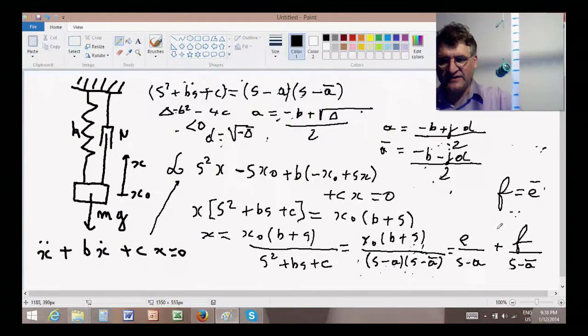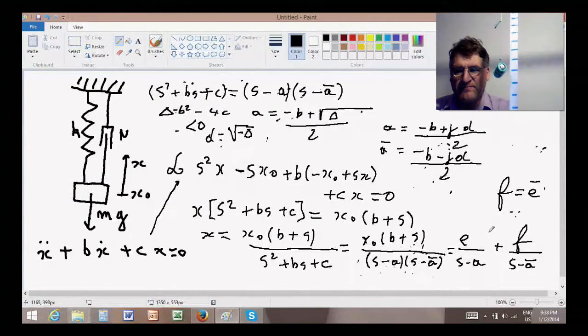And on the other hand, you will conclude that because of this, these two terms correspond to the Laplace transform of two oscillating, decaying exponentials.